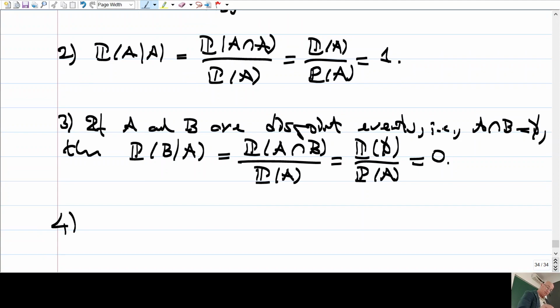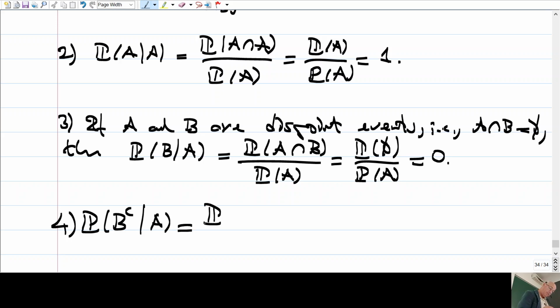And the final property I will list is this. Probability of B complement given A. What is this?